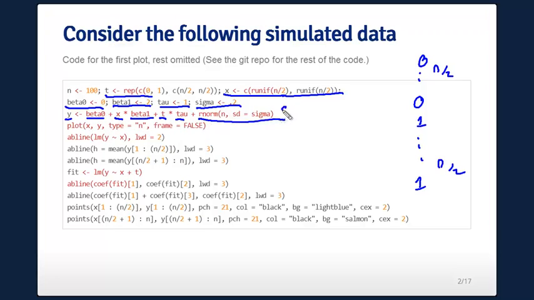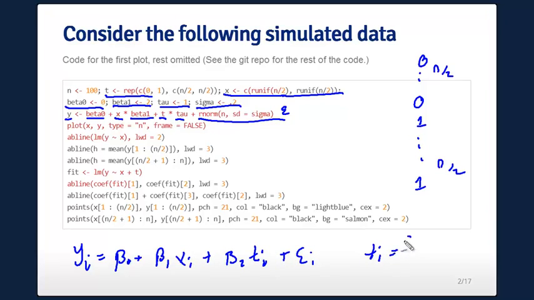So we're fitting the model Yi equals beta naught plus beta 1 xi plus beta 2 ti plus epsilon i, where ti is a 0, 1 variable.